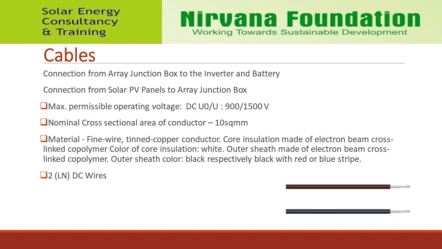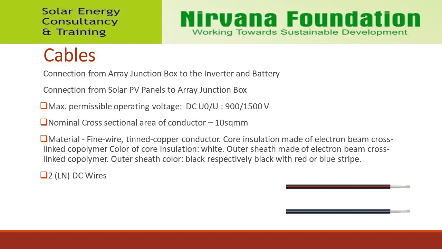10 square mm cables. Connection from array junction box to the inverter and battery. Max permissible operating voltage, DC U0/U, 900/1500 volts. Nominal cross-sectional area of conductor, 10 square mm.